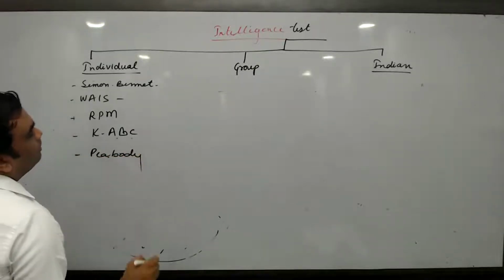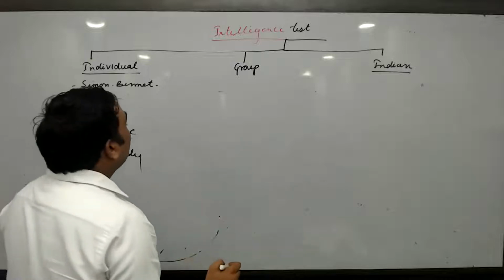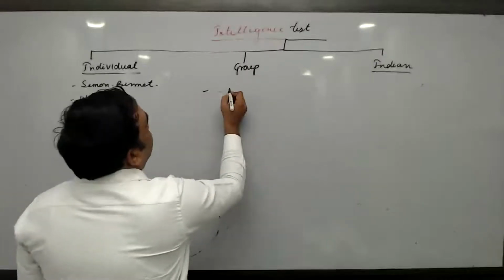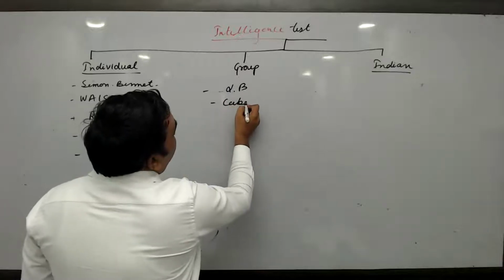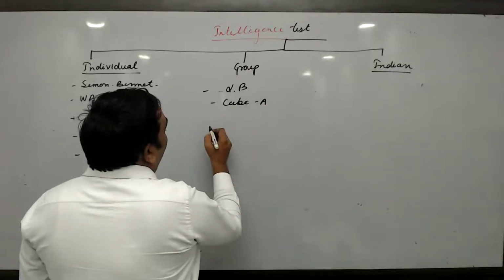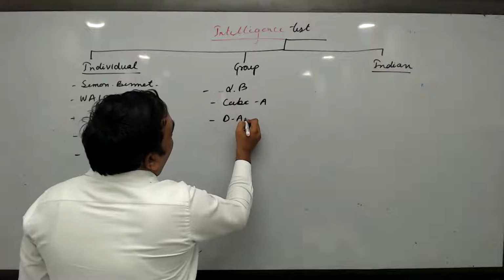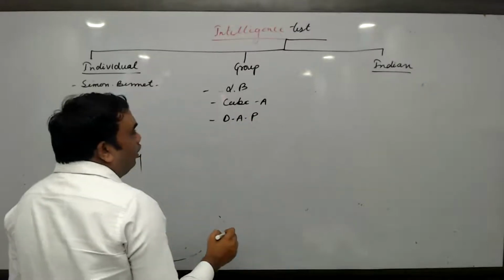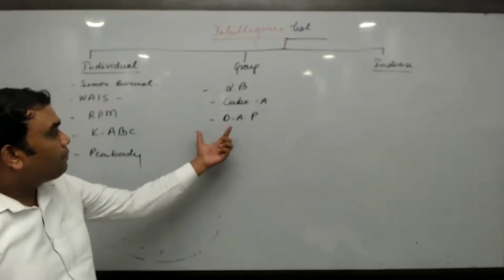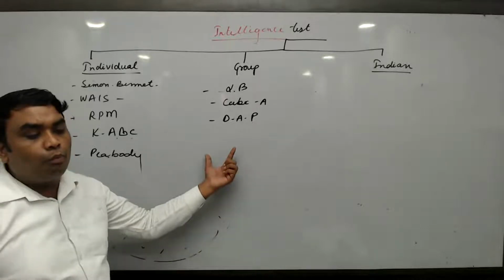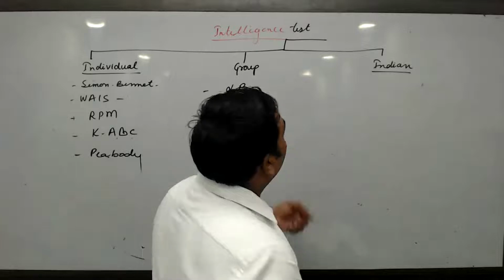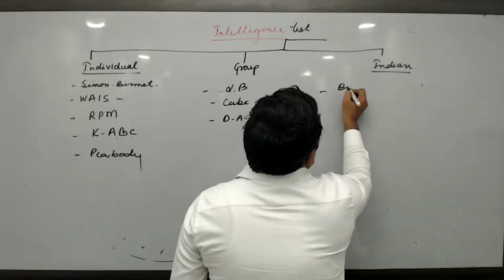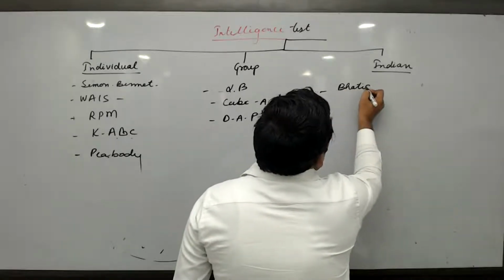Peabody test is there. And what about the group tests? Here are the Alpha Beta test, the Cube test made by Alexander, and the DAP, Draw a Person test. All these are basically made for group assessment. And then here are some Indian tests like the Bhatia Assessment Battery.